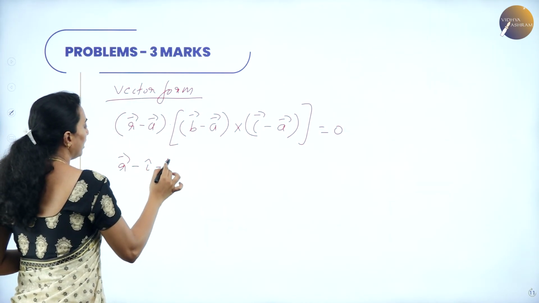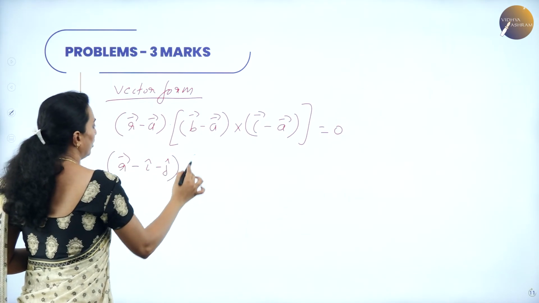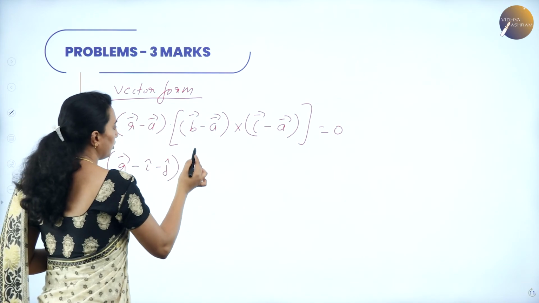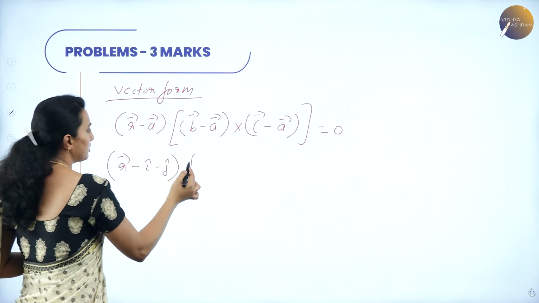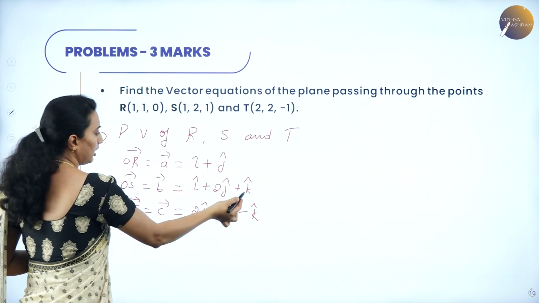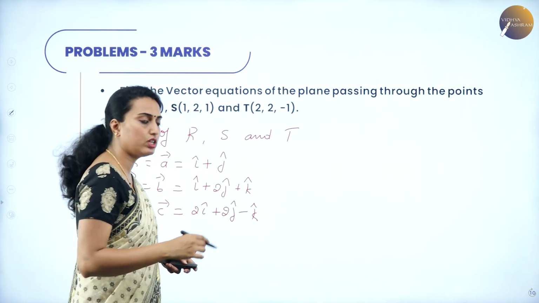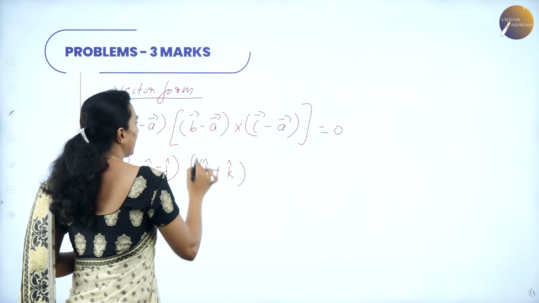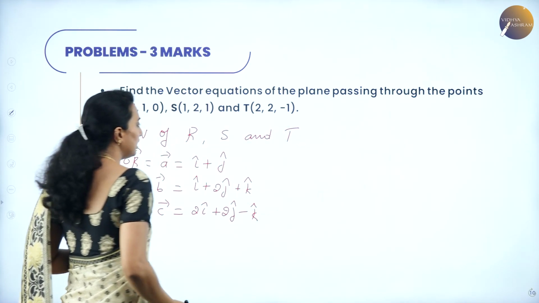Dot product of B vector minus A vector: i minus i is 0, again 2j minus j is j, and k minus 0 is k, so plus k. This is B minus A, cross C minus A.